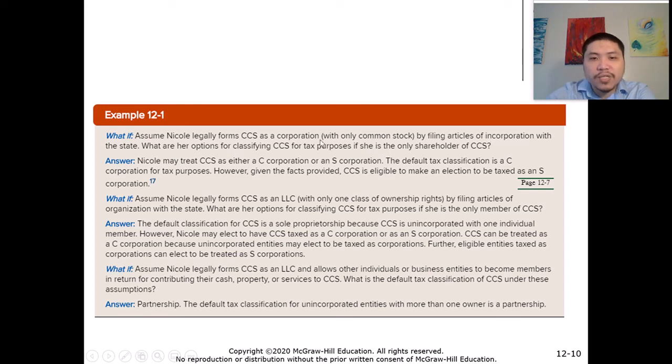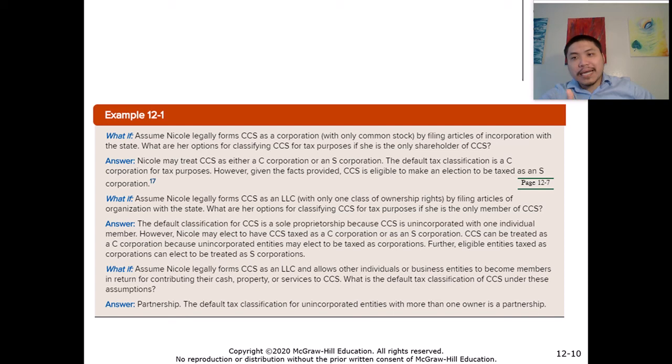She's the only shareholder of the company, and the company is a corporation legally. So the answer is she can treat the company as either a C corporation or an S corporation. The default tax classification is a C corporation for tax purposes. However, CCS can be eligible to make an election to be taxed as an S corporation.